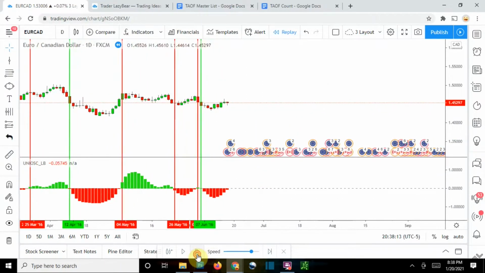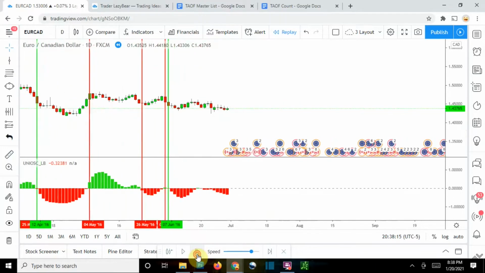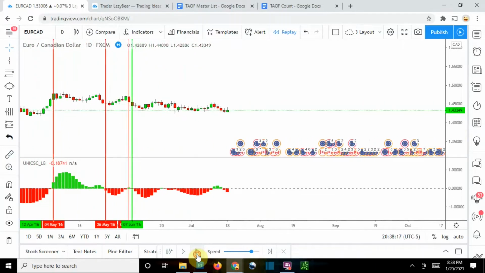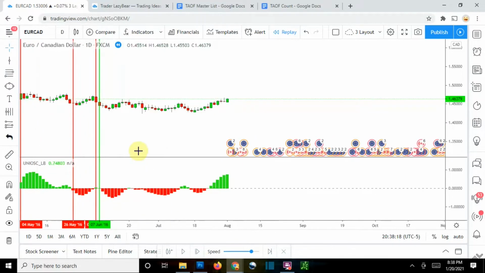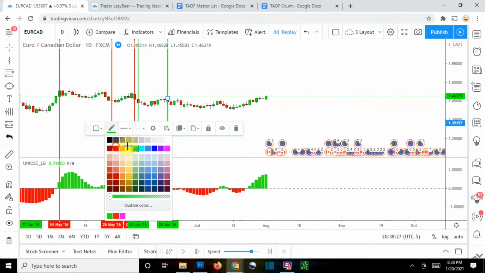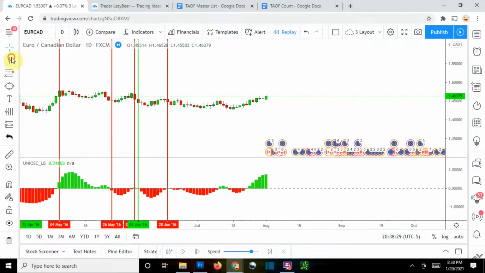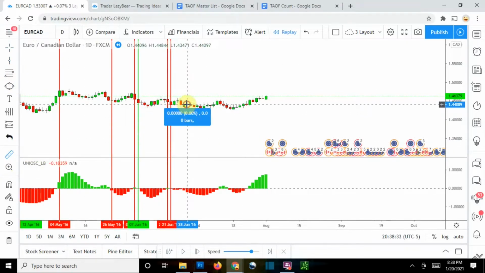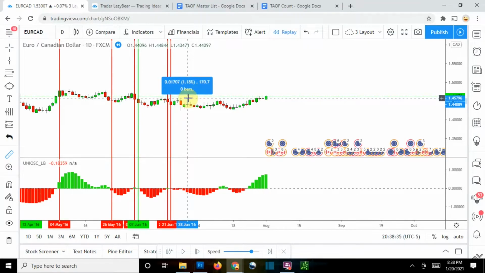And let's go ahead and play us forward some more. So I can already see that when we hit a choppy market, this does not work out for us hardly at all. Let's see that there.